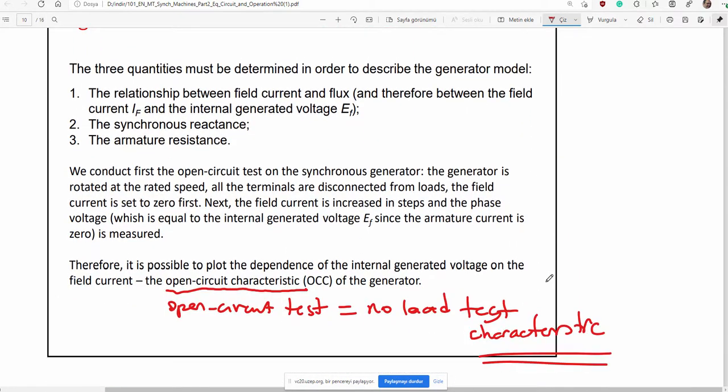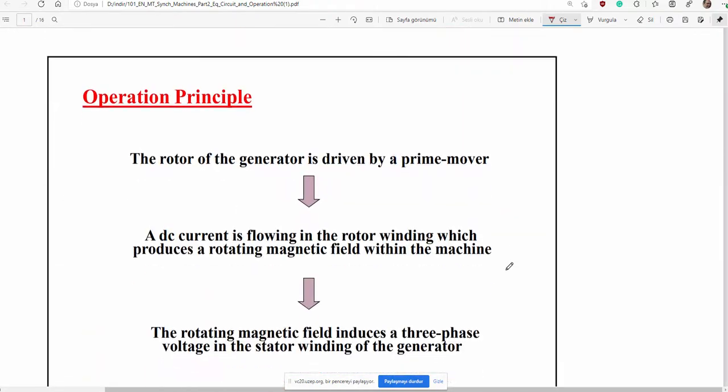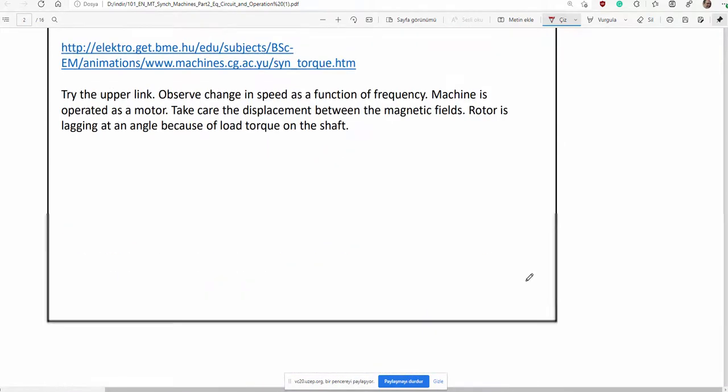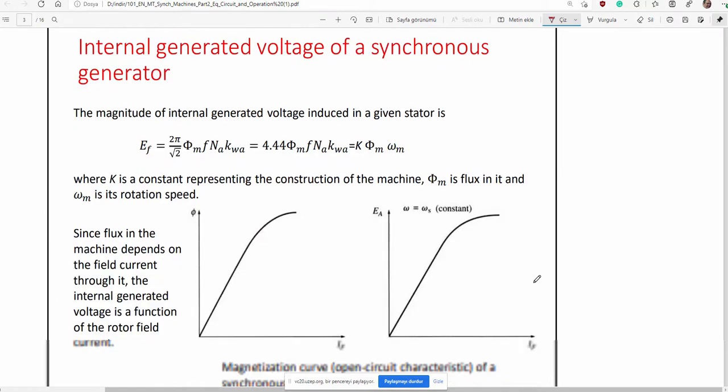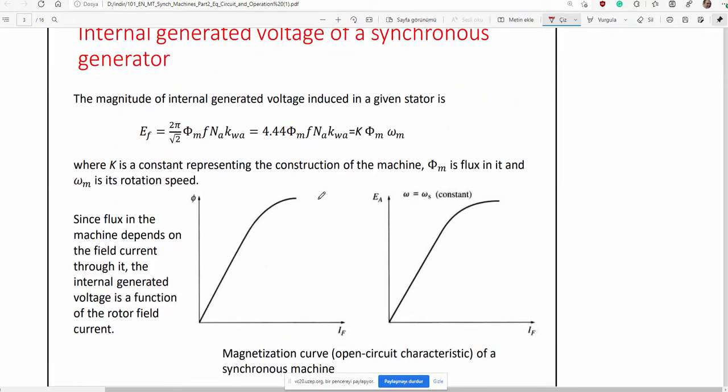In fact, earlier in the beginning of these slides, it was somewhere here, I think. Let me find it. Yes, this one. In fact, we are aware of this relation.